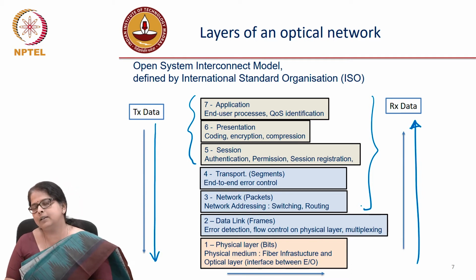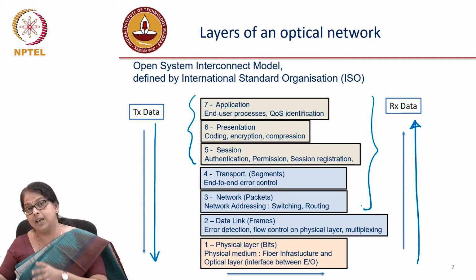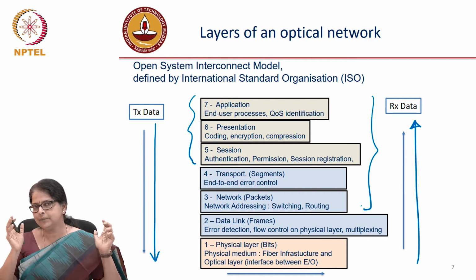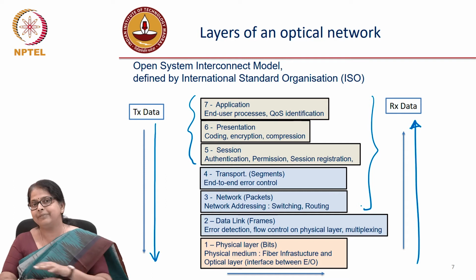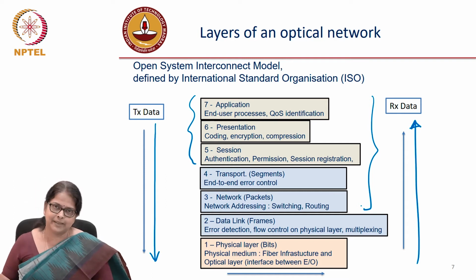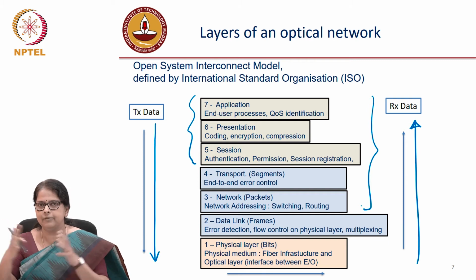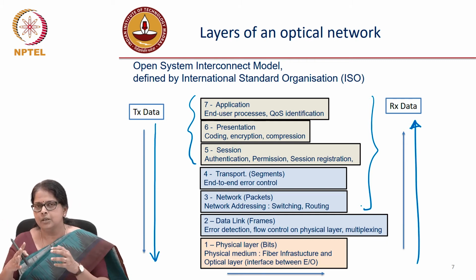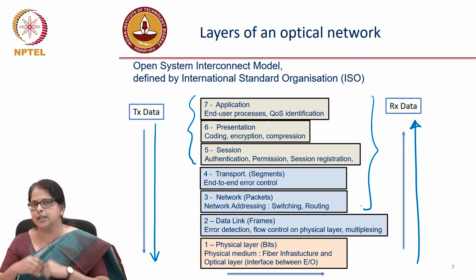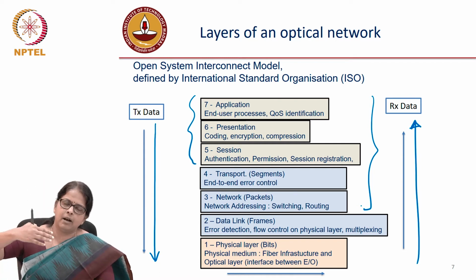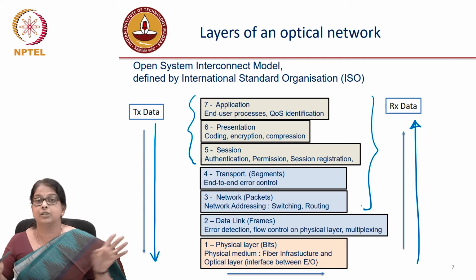So our transmitter, channel and receiver, which we were talking about in the previous sections of the course, are physical layer aspects. Above that, you have the data link layer, which basically frames the information. Some amount of regeneration happens in the data link layer. And above that is all in the software.